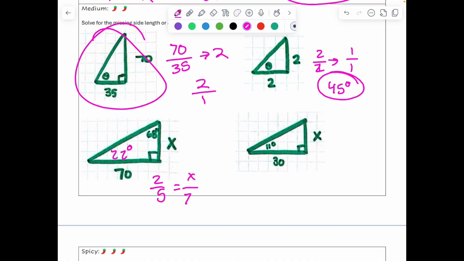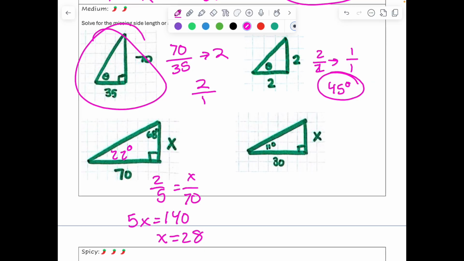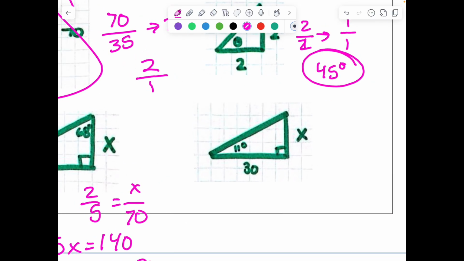So x over 70 is 2 over 5. So 5x equals 140. And then 140 divided by 5, x equals 28. All right, and then this one, an 11-degree angle, we know that that is 1 over 5. So x over 30 equals 1 over 5, so x is 6.